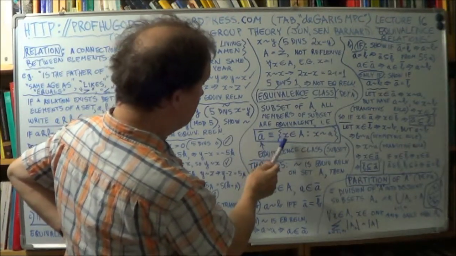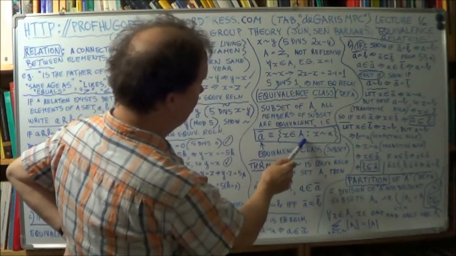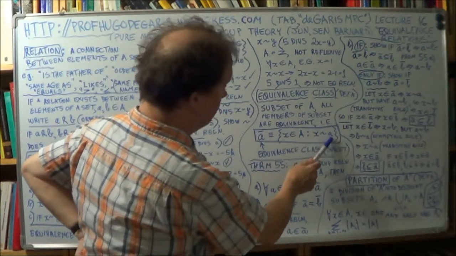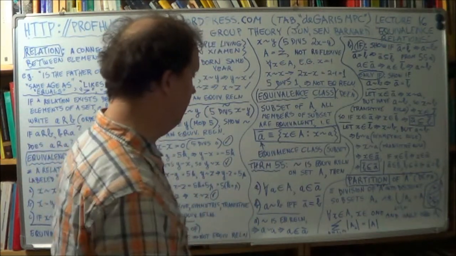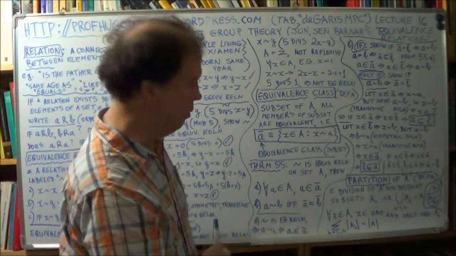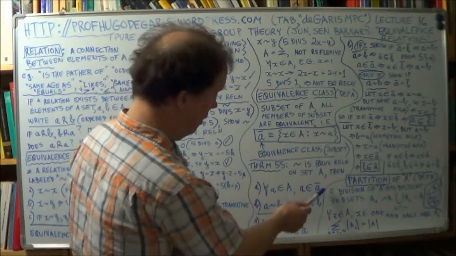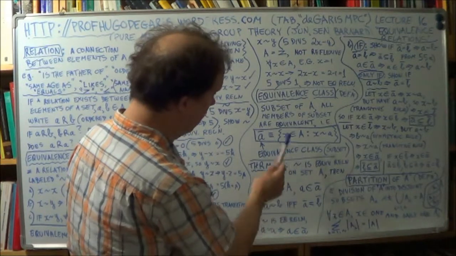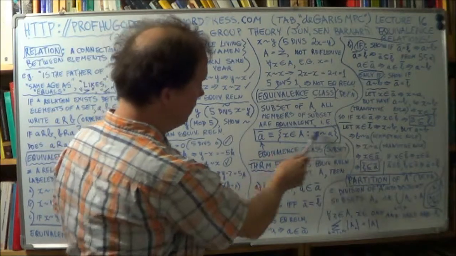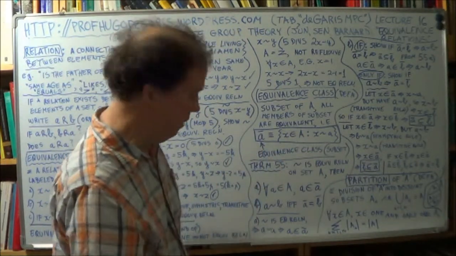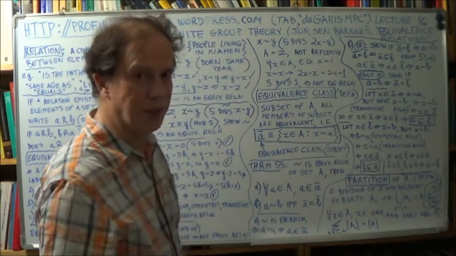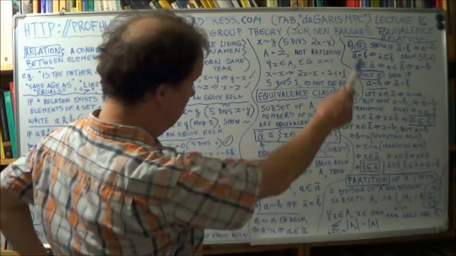So A bar is just the set of all elements of A, well, subset, where X has an equivalence relation with this element A, right? So this is just saying that A belongs to its own equivalence class. So this set here of all these X's, one of them will be A. One of these X's in this subset will be A. So A belongs to its own equivalence class. Maybe that seems common sense, but we'll prove it in a minute.